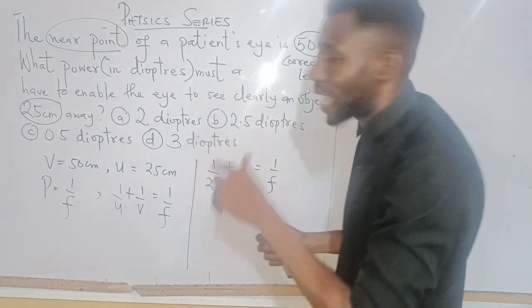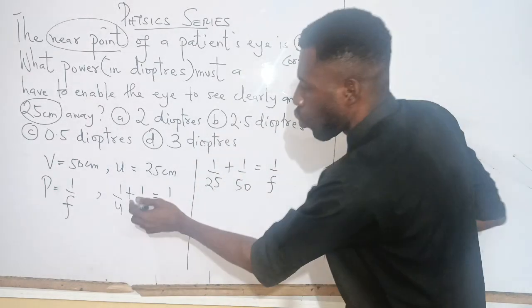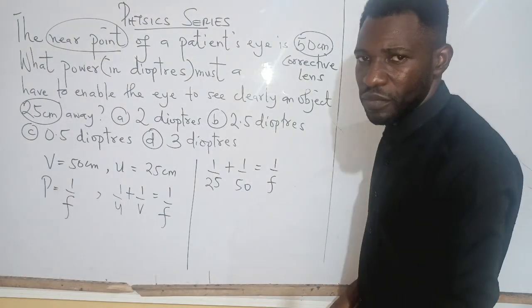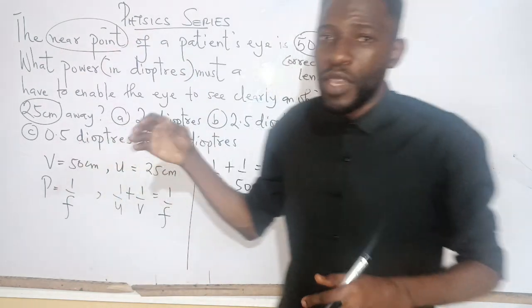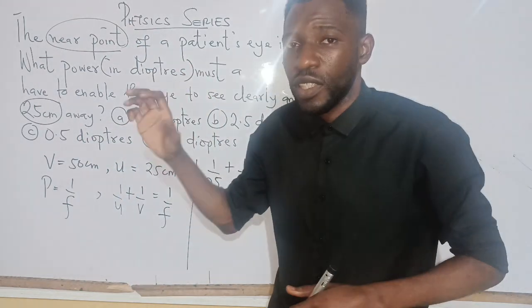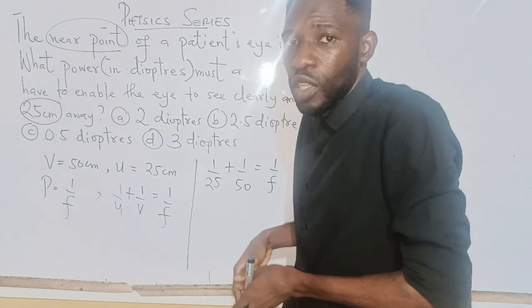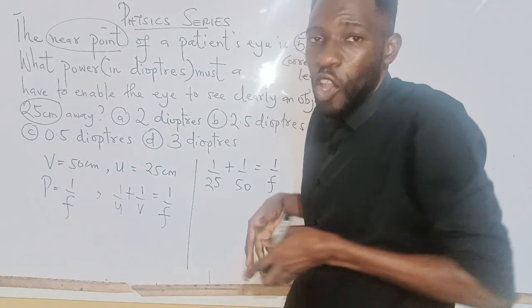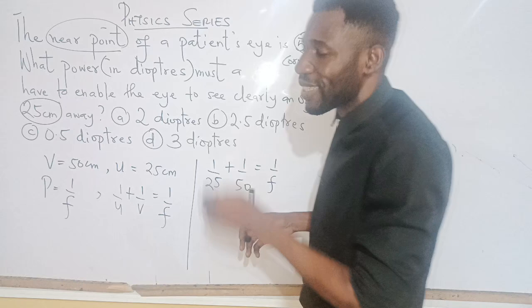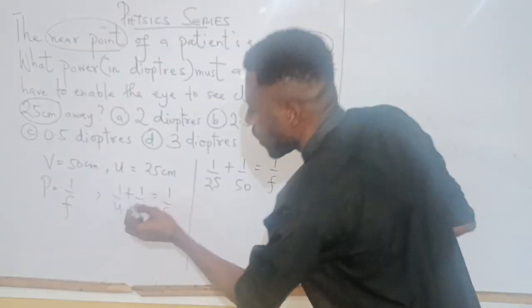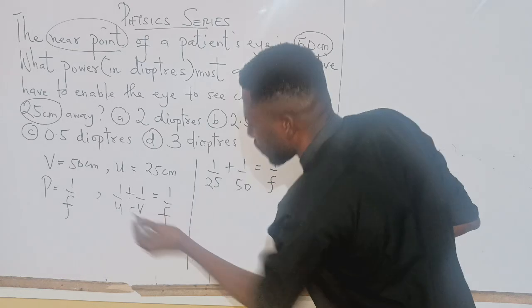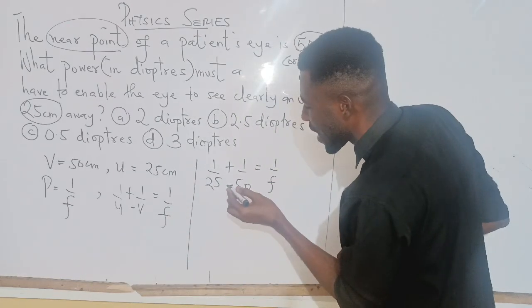Because of that, it means that the image will be negative. Because in the lens diagram, if the image of the object is still formed in front of the lens where the object was positioned, it means that image will be a virtual image. And for a virtual image, the V is negative. So that means we're going to have a negative V.